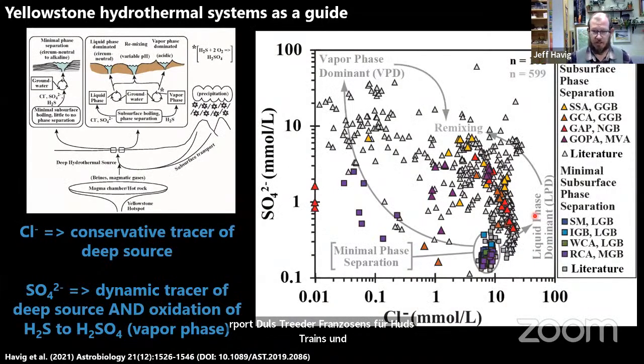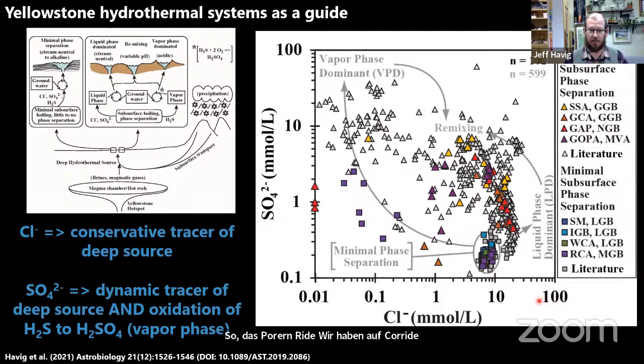So this plot on the right, we have chloride plotted on the x-axis in logarithmic scale. And then we have sulfate plotted on the y-axis, also in logarithmic scale in millimole per liter concentration. And I'm going to kind of walk you through the different phases here. And the key just shows where these different hot spring systems were sampled.